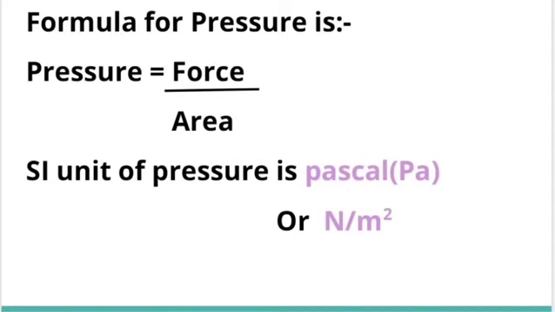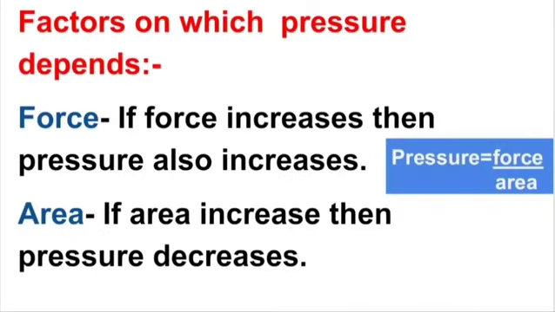From this expression, we can say the pressure we are applying on an object depends on force as well as the area of contact of the object. So pressure depends on two factors: first is force and second is area. The expression is pressure equal to force upon area. If force increases, then pressure also increases.